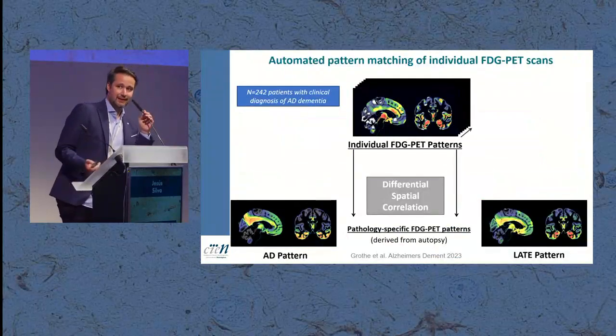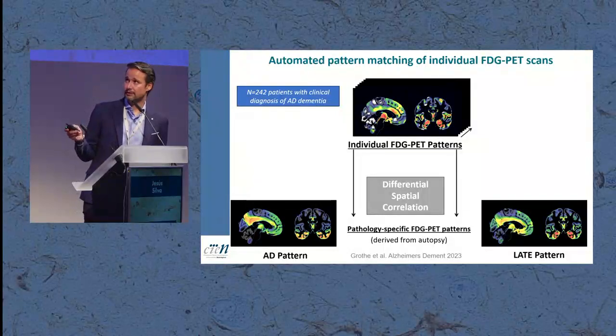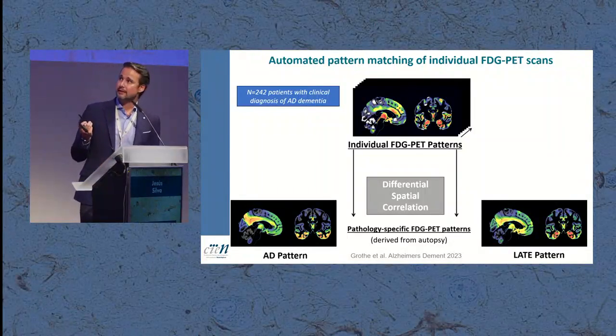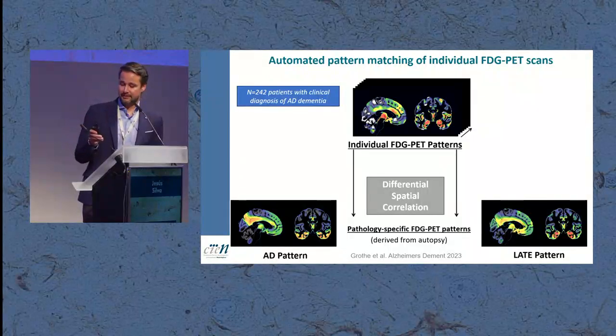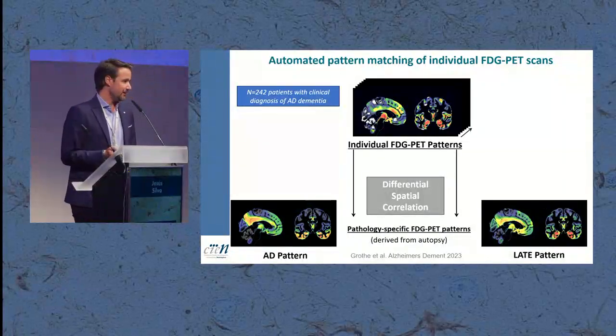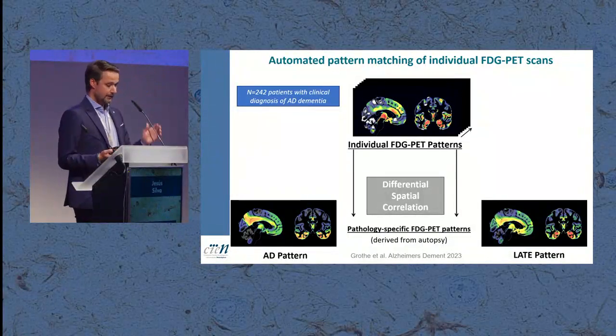We first analyzed 242 patients with a confirmed diagnosis of AD dementia, and we wanted to classify these patients into AD-like or LATE-like according to their hypometabolism pattern.